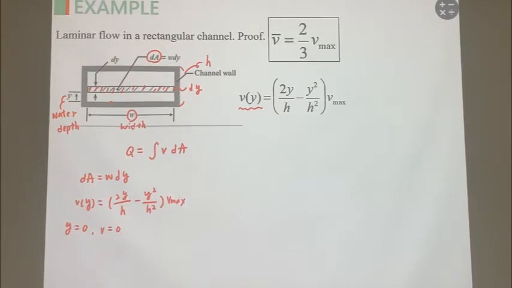So based on this idea, we have the dA and we have the velocity field V, so we can calculate how much discharge we have in these systems. So we do the integration problem here, and I put in the velocity V. V is V maxima times 2 times y divided by h minus y squared divided by h squared, and there is a dA, right? dA, I write down here, is W dy.